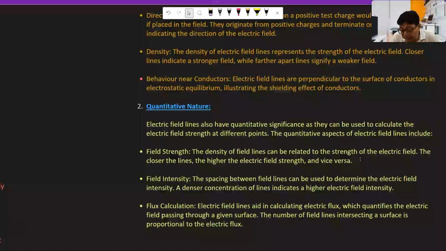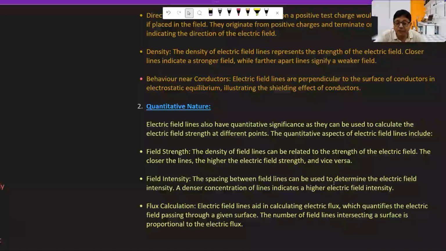In fact, electric field strength at a point is defined as the number of field lines passing through unit area held in a direction perpendicular to the direction of electric lines of forces. This we have already discussed. Closer the lines, higher the electric field strength. Field intensity: spacing between field lines can be used to determine electric field intensity. Denser concentration of lines indicates higher electric field intensity.